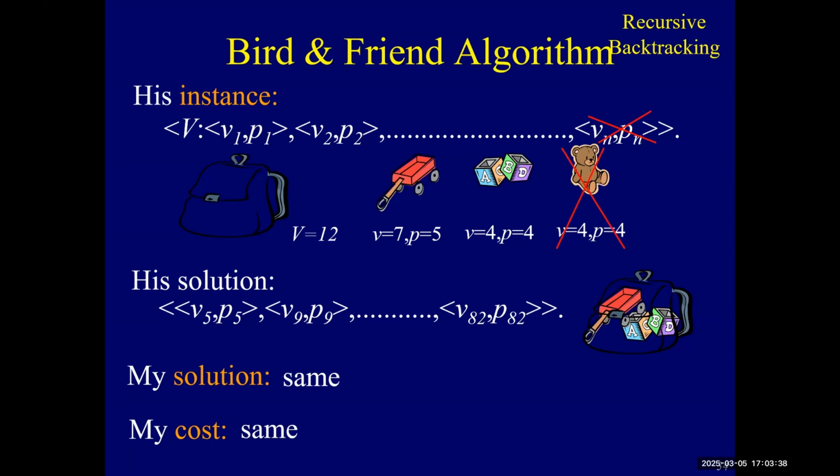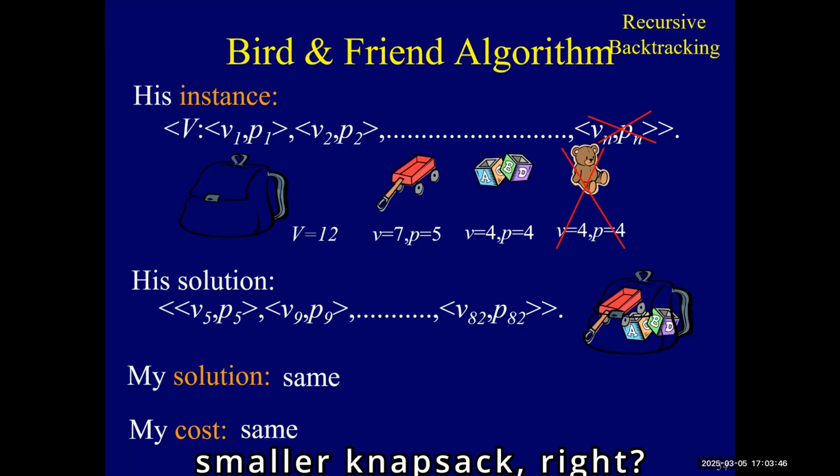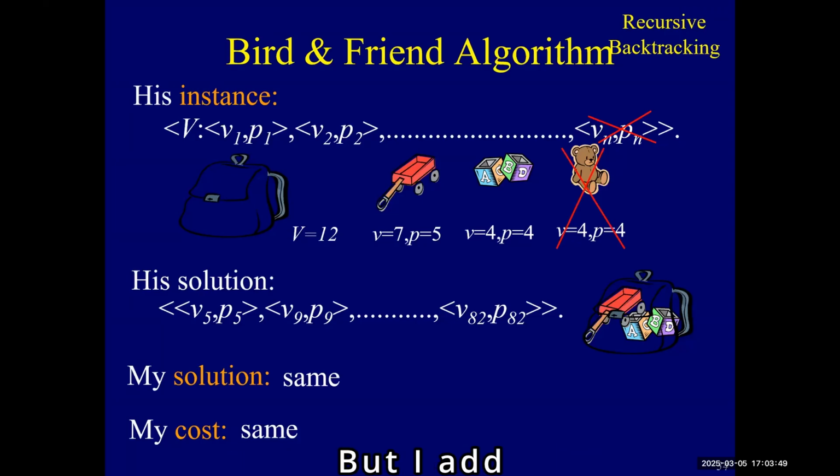Everybody see that? Now the first friend is going to give me a smaller answer because he has a smaller knapsack, but I add on the bear. And the second friend's going to give me a bigger answer because he has the whole knapsack, but he doesn't get the bear. And so it's this trade-off.